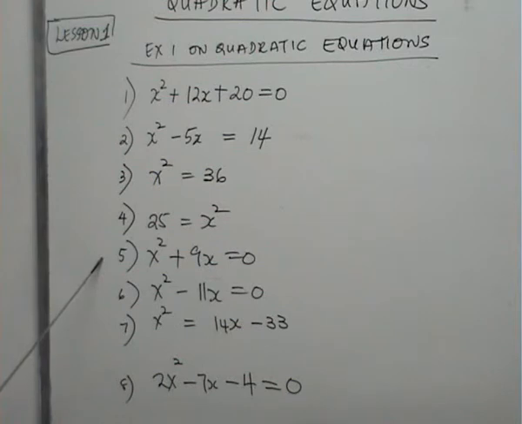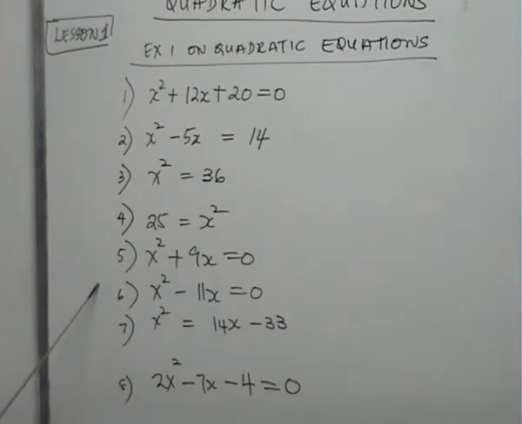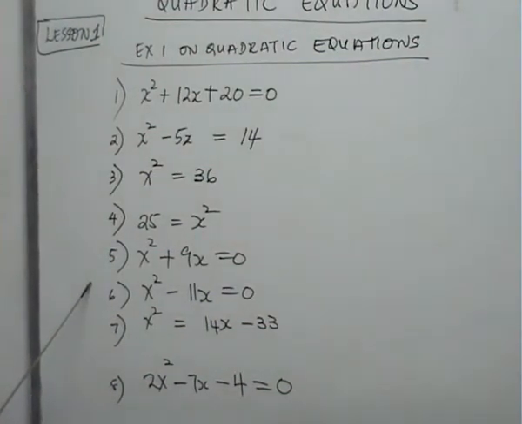Number 5, x squared plus 9x is equal to 0. Number 6, x squared minus 11x is equal to 0. Number 7, x squared is equal to 14x minus 33. And number 8, 2x squared minus 7x minus 4 is equal to 0.